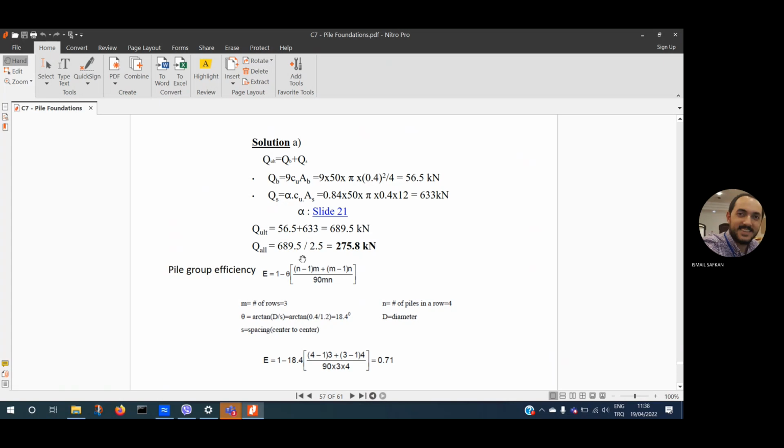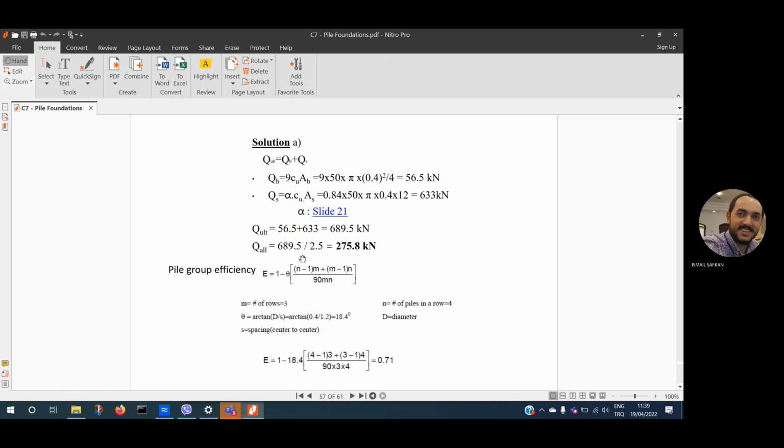These are interchangeable. So you simply put those in and you end up with 0.71. What does that mean? 71% efficient, right?